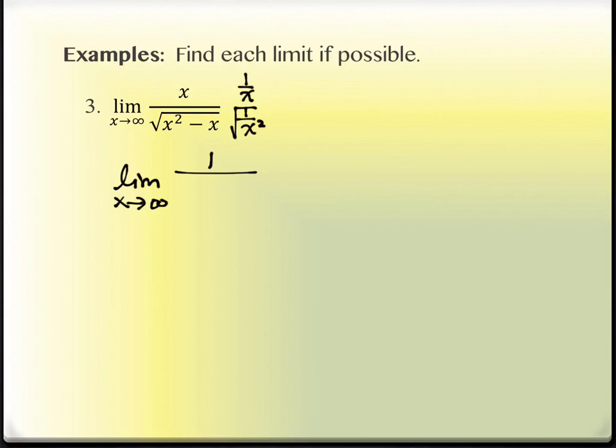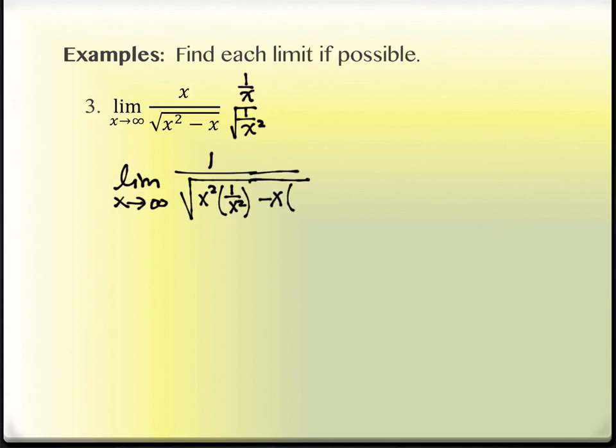So why did I do that? Well, because I can't move it underneath the square root if it's not under the square root already. So I need the value, whatever I'm using, to be under a radical in order to multiply it by what's underneath the radical. So now I can actually merge these two together. I have an x squared, and I have it times 1 over x squared. You don't necessarily have to write it this way, but I want you to see this is what's happening, at least.